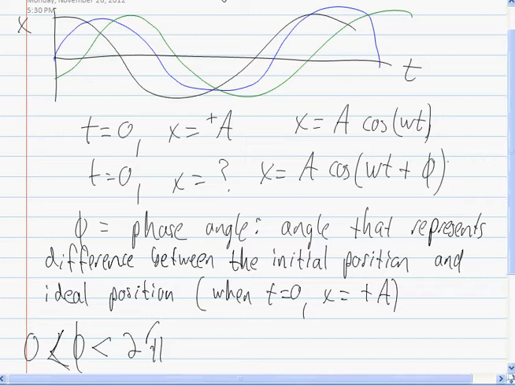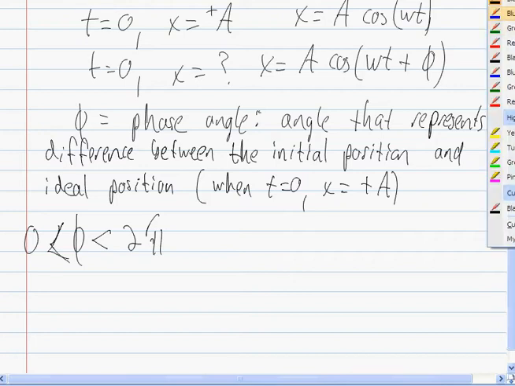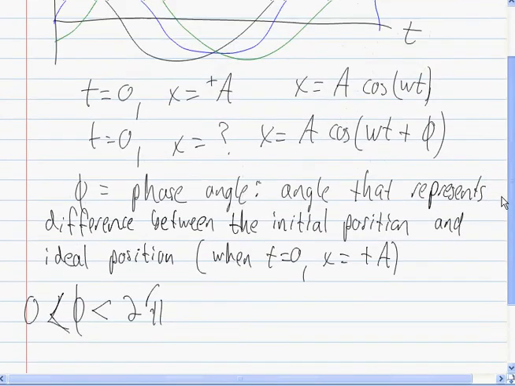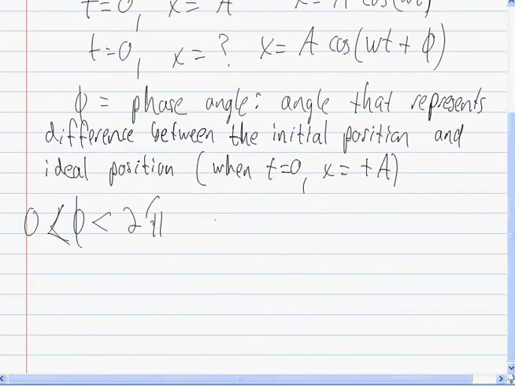So if we take a look at this line here, the blue line, I know colors, I bet. If we look at this blue line, on this line it actually represents 3/4 of the way through our cycle. So for the blue line, this would be 3 pi over 2.